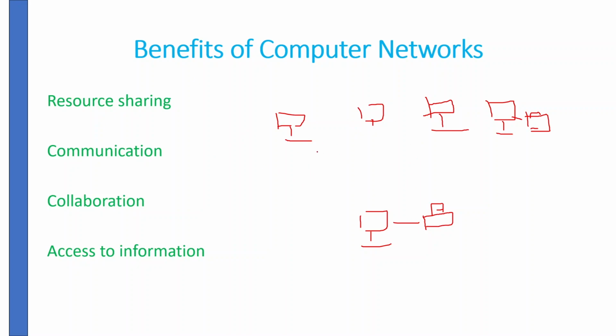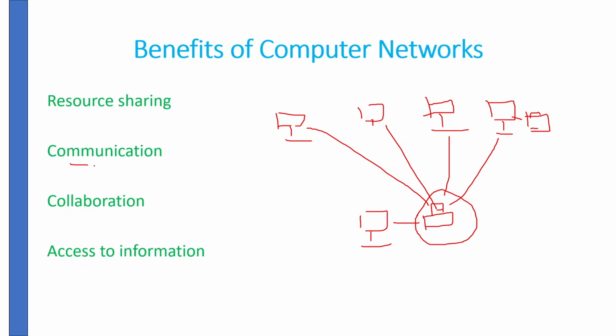But if you have a network, without buying 5 printers, you can buy one expensive printer with high quality content. Then you can share this printer with all other people, right? So when you use a computer network, you can share your resources, like a physical resource like this one, or you can share your document with other people, right?